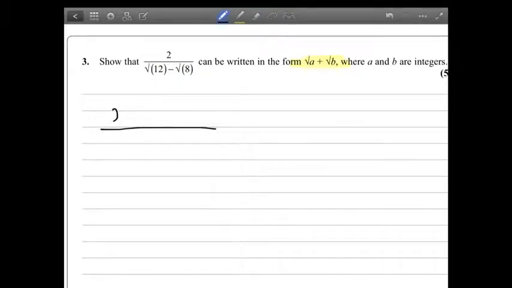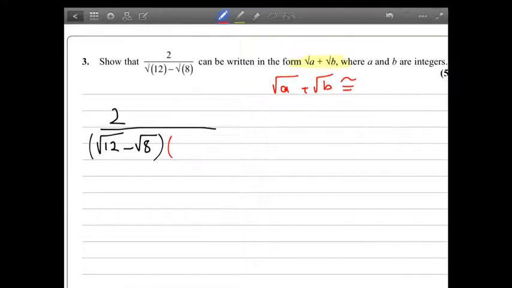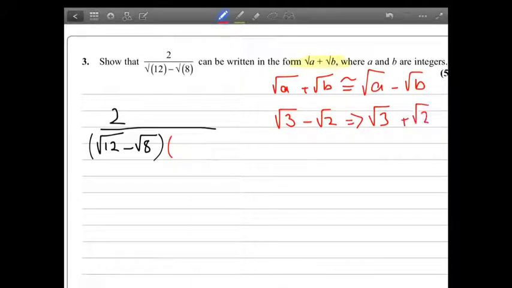Here in the numerator we have 2 times the conjugate of the denominator. The conjugate of the square root of a plus the square root of b is the square root of a minus the square root of b. For example, root 3 minus root 2 has a conjugate of the square root of 3 plus the square root of 2.